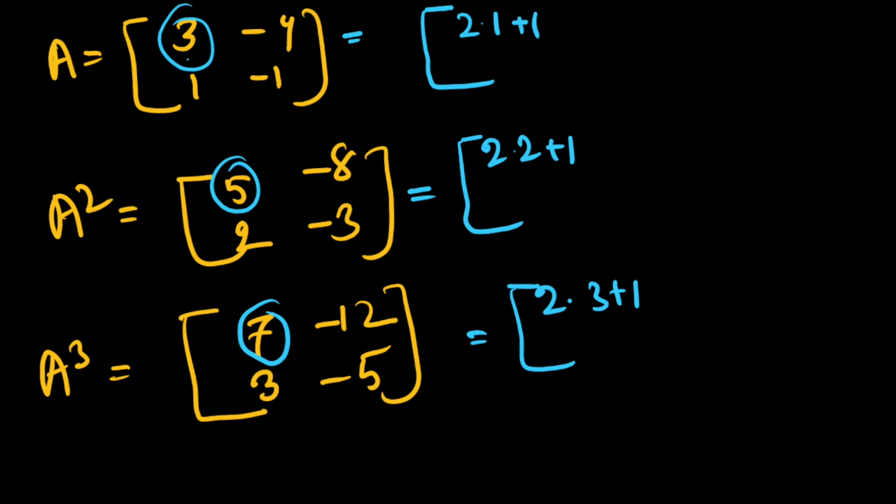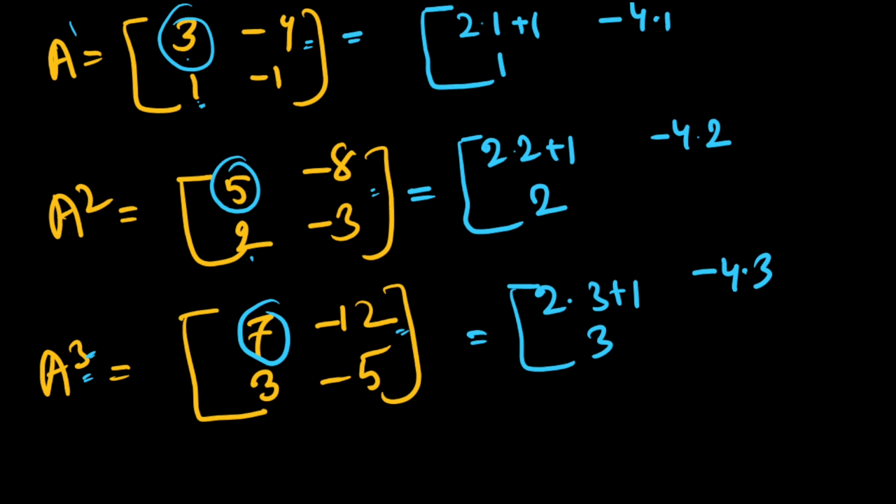When n is 1 it is -4, that is -4 times 1; for A square it is -8, that is -4 times 2; and for A cube it is -12, that is -4 times 3. So it is -4 times n. The third terms are 1, 2, 3: when n is 1 it is 1, when n is 2 it is 2, when n is 3 it is 3.